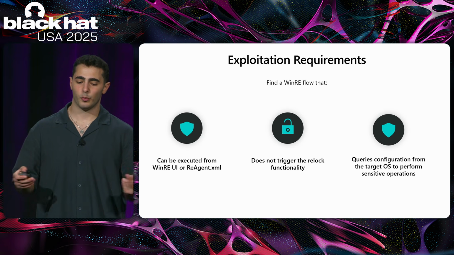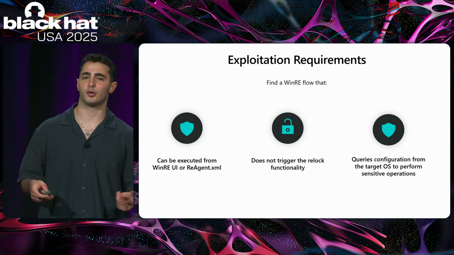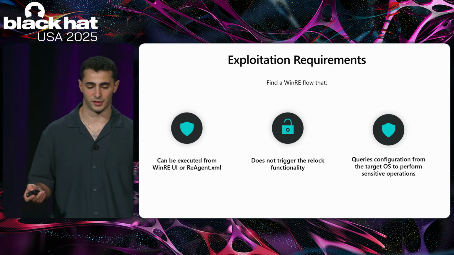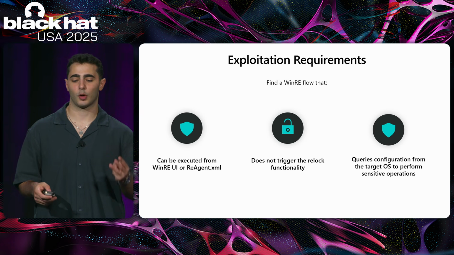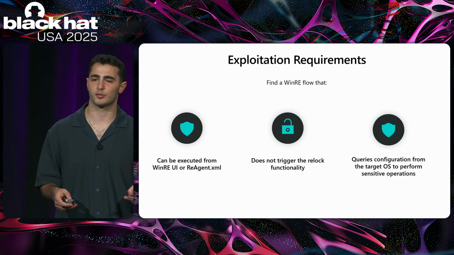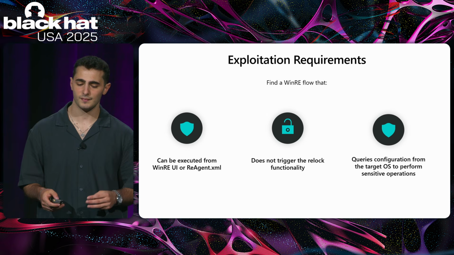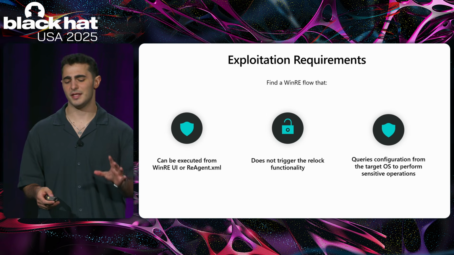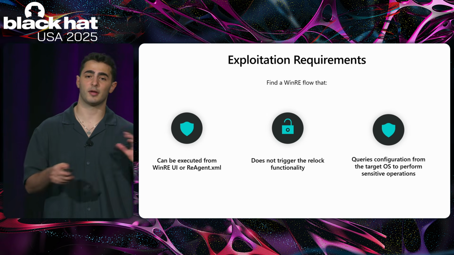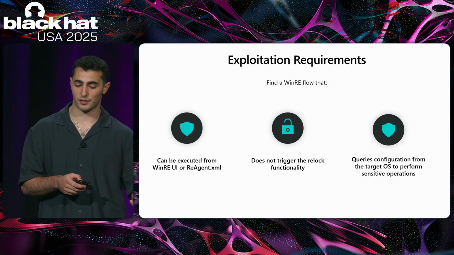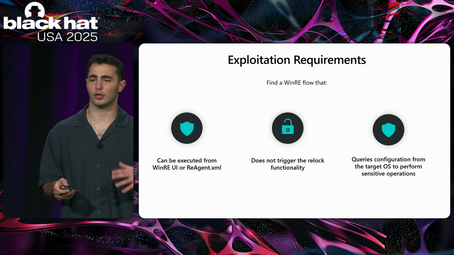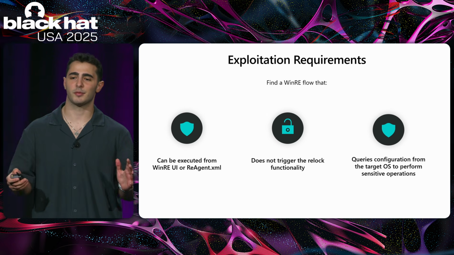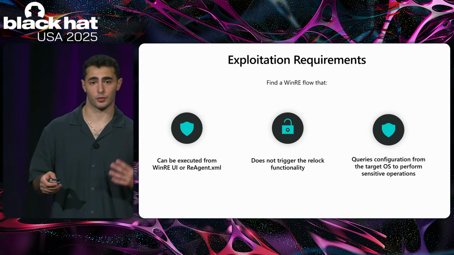Because we need to access the secrets, and if we trigger a flow that triggers the relock, we won't have access to the secrets. The third characteristic is a flow that queries configuration from the target OS to perform sensitive operations. And this is important. The idea here is to chain the WinRE flow that we will potentially find with the impersonation primitive to trigger sensitive operations in the auto-unlock state, operations that we wouldn't have the possibility to control or trigger beforehand.